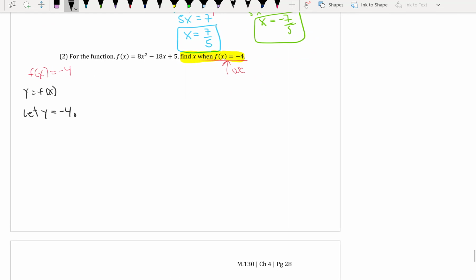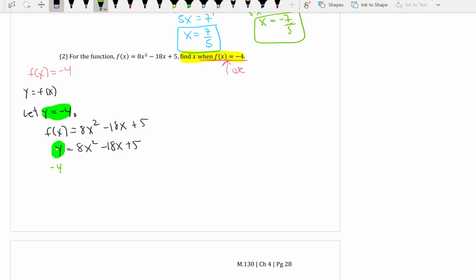So you're just like, okay, well, if that's the case, I have f of x is equal to 8x squared minus 18x plus 5. So now we're changing this to y is equal to 8x squared minus 18x plus 5, because function f of x can be described as the y value or the output value. And that output value, what this is saying, is making sure that we let the y value equal to negative 4.